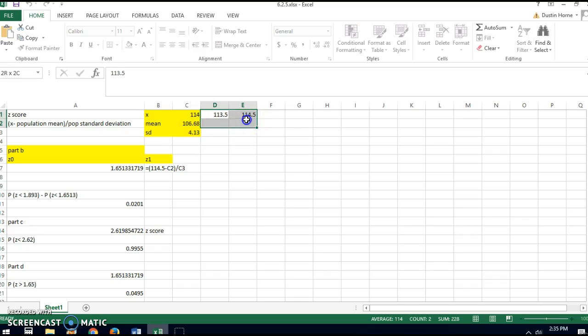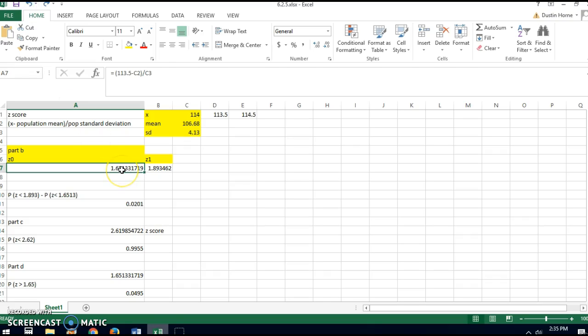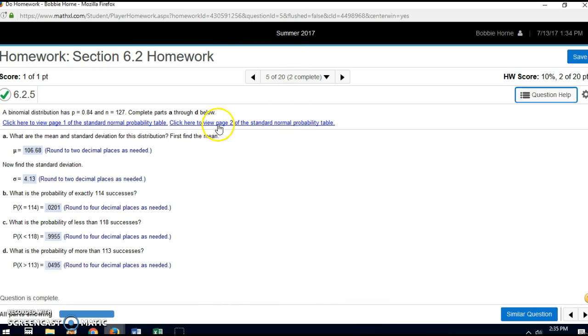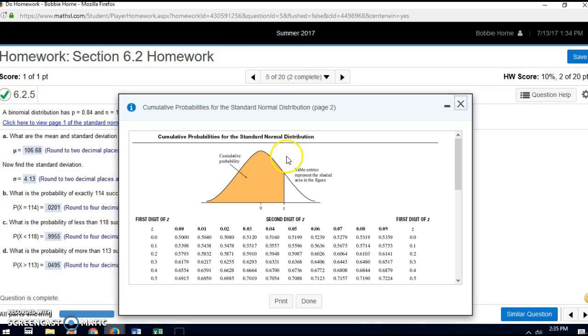So we have two z values when we're trying to find the exact probability of a number. So we're going to get the probability of it all the way up to this number, and then the probability of it all the way to the second number.